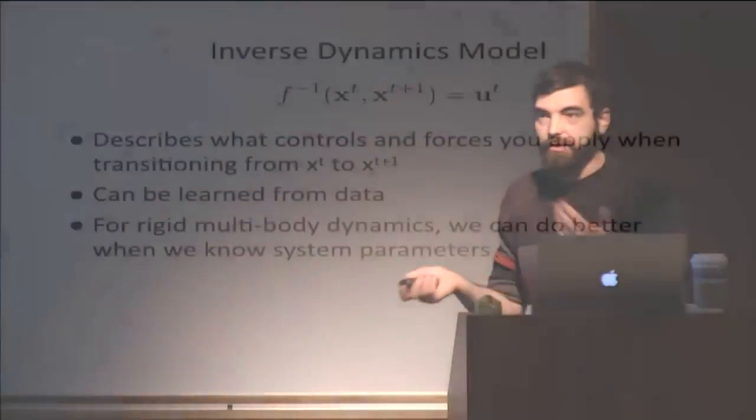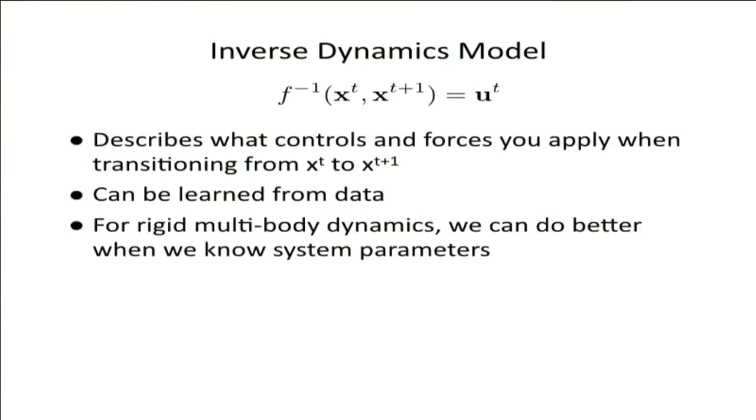Jan Peters and his lab have done some work on learning inverse dynamics models from data, and there are some extra things you have to be careful of. But in general, people were able to learn these models from data. We are going to see, though, that if you have rigid multi-body dynamics, like with robots, we can do better when we know the system parameters.